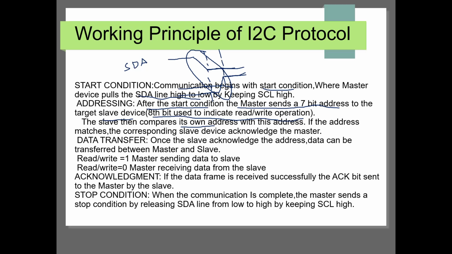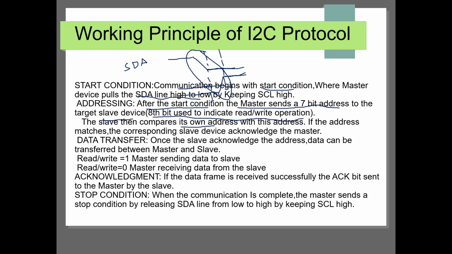If the address matches, the corresponding slave device acknowledges to the master. So this is matching with my slave, and then the master communicates with that slave.